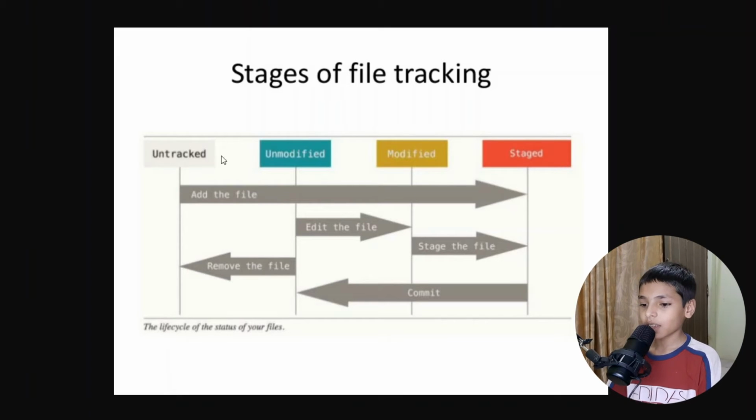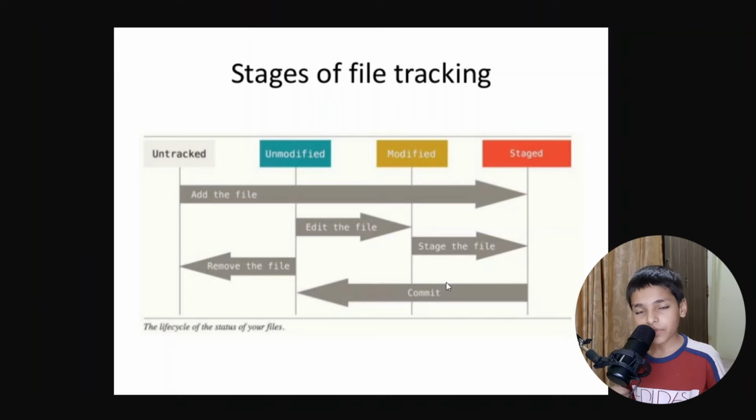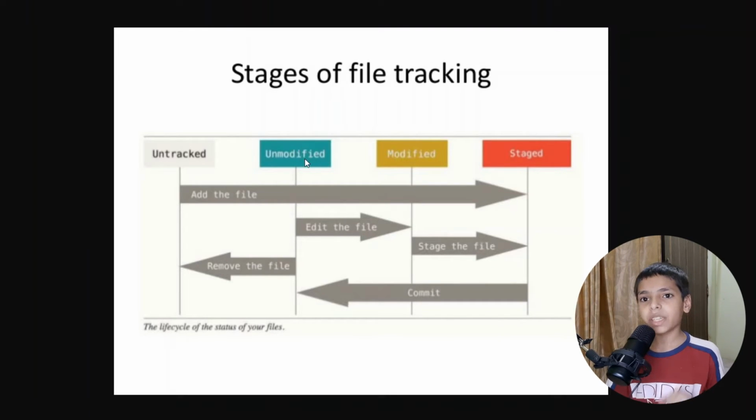So untracked, and then we add this to the staged area, and then we commit it. So commit means we are saying that this file is ready, now you take this, and then this file becomes unmodified. Means this file is not modified, this file is perfect, and we don't want to do anything with it.